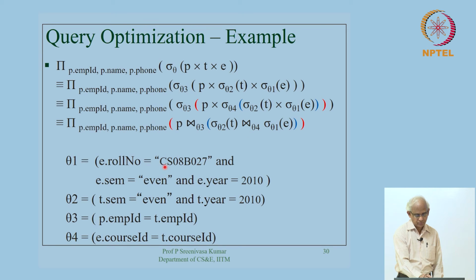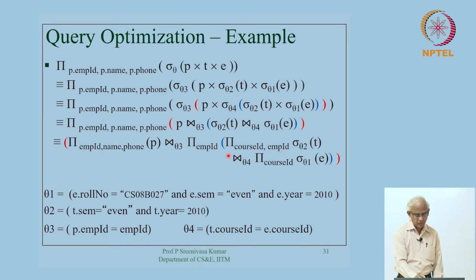Theta 1 has conditions on enrollment and semester year. So after you apply this selection condition, what should we project here? The only thing that is being used here is course ID, right? So that's what needs to be projected after doing this selection. So we will work that out.